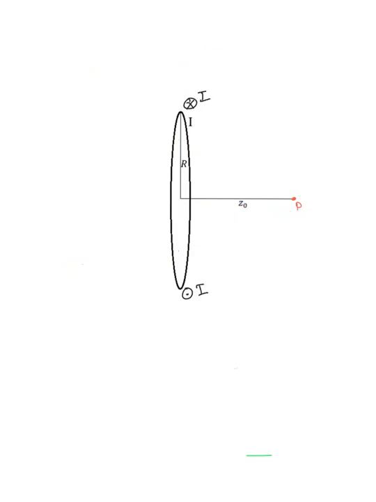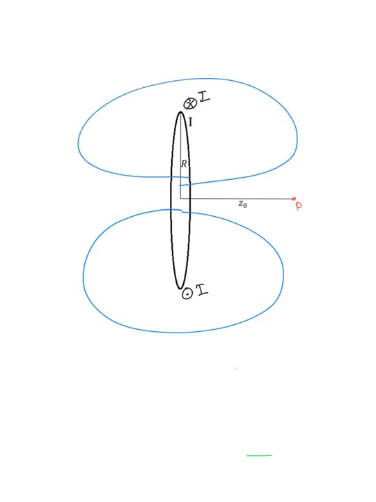Finally, if we reverse the direction of the current, then we reverse the direction of the magnetic field. And our magnetic field will flow out of the loop to the left here, and our central magnetic field, instead of pointing to the right, will all point to the left.